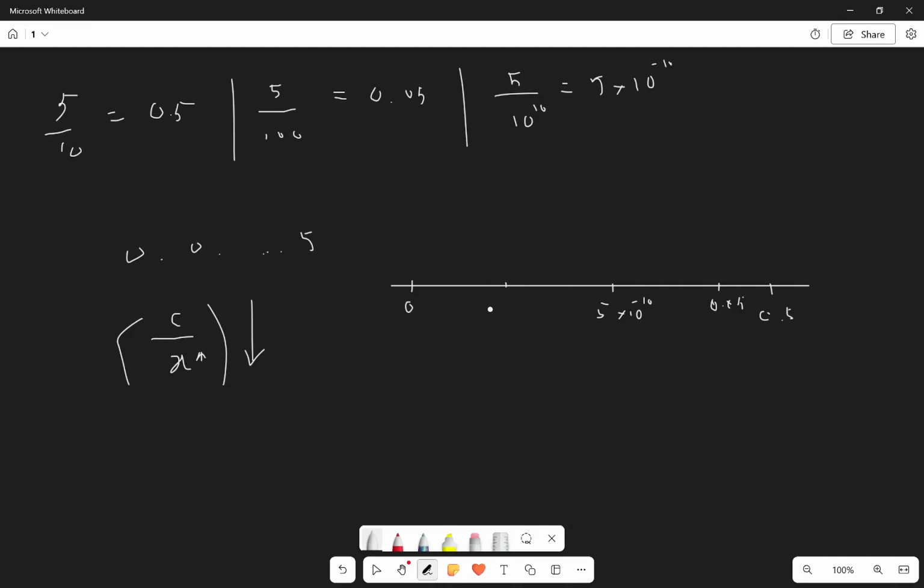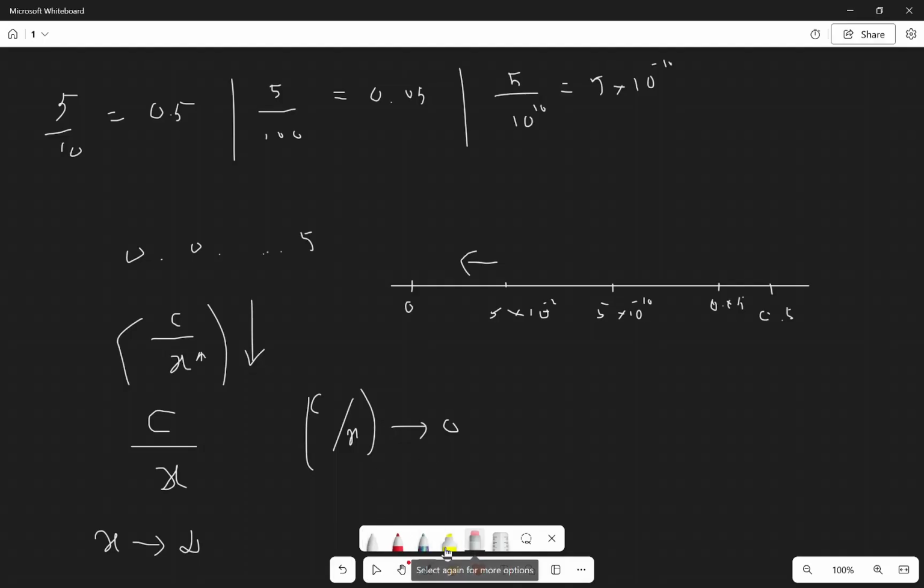If I keep increasing the value, it's going to get smaller and go towards 0. So the way we write this is, let's say there's a constant c divided by variable x. As x goes to infinity, which means x going for large values, c divided by x goes to 0.